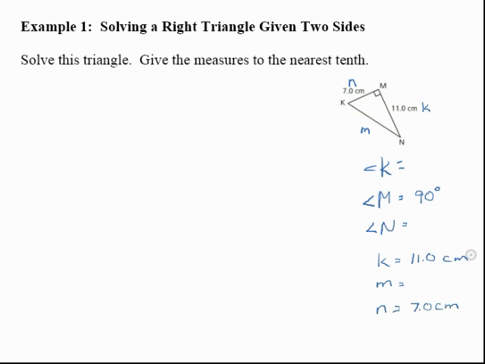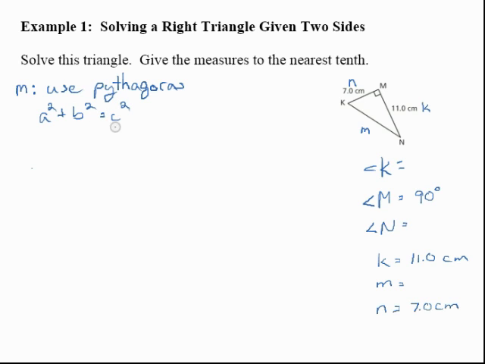So the first thing I'm going to do, and you can do this in any order you want, is side M first. Because I like to keep my work neat, I'm going to use Pythagoras for that because I have two sides and it's a right angle triangle, and that's the easiest way to do it. My base equation is a squared plus b squared equals c squared.